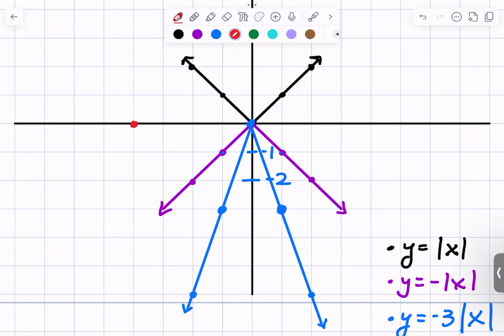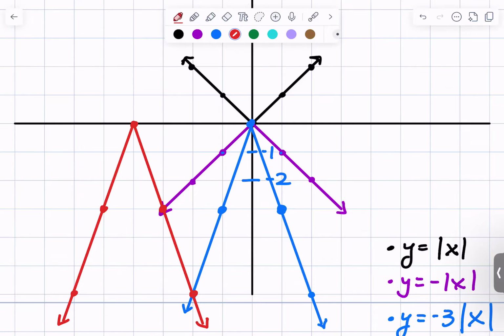I'm gonna move all of my points over 4 units. Okay. All right, so that's my graph there.